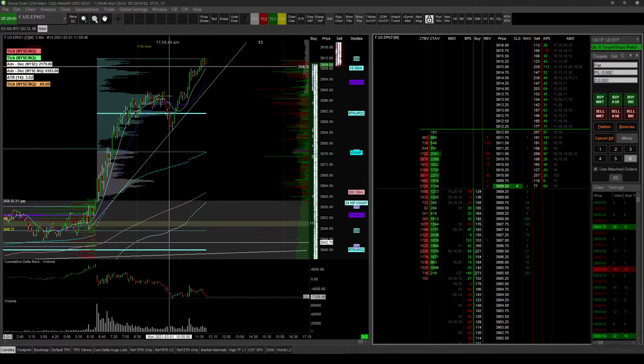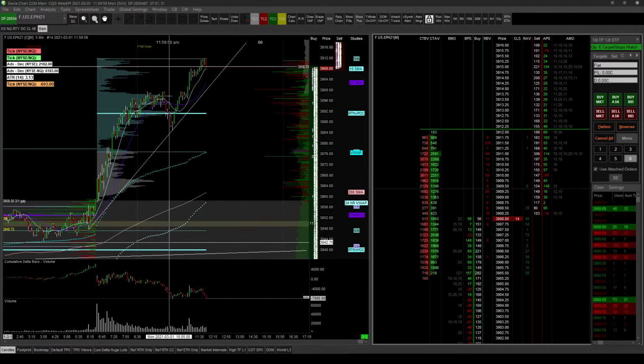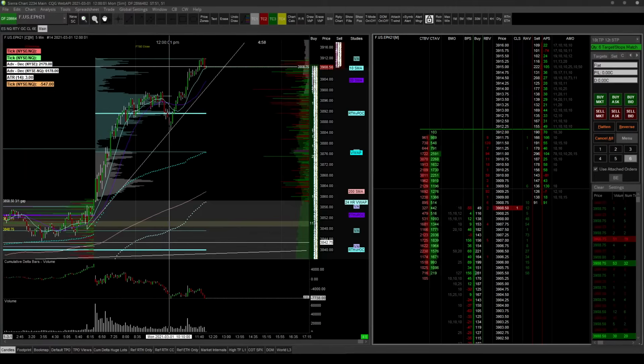Cool. Yep. Looks like AMP took care of it. See, when I made those changes with AMP, and just told them I'm wanting to control everything, I had to go into my Sierra Chart account. I figure some people might find this useful.